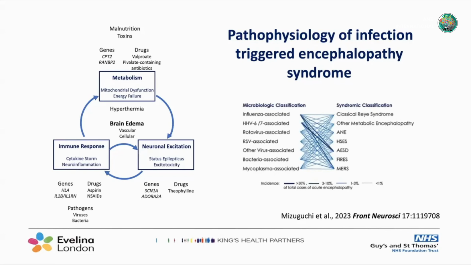And he was right to point out the correlation between specific viruses like influenza with some of these more specific phenotypes. So you can see there that influenza with ANE, AESD that I mentioned already, and RSV with MERS.